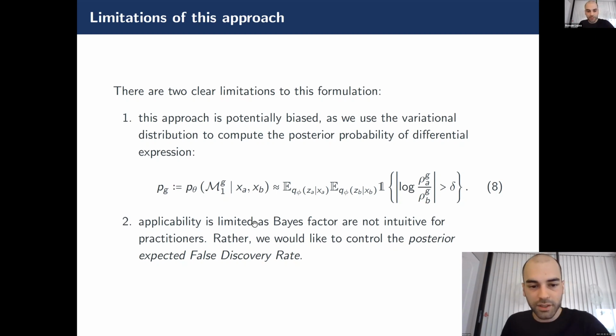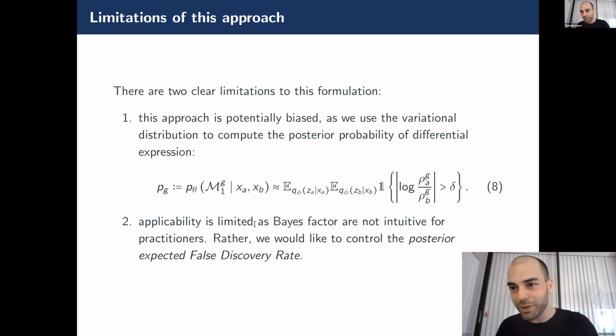And the second thing is that the applicability of this type of method is a bit limited, because a lot of people want to see control of a quantity they know. Just saying Bayes factors more than 10 is not as faithful as controlling a measure of false discovery rate. So we spent a lot of time thinking about how to control the false discovery rate when doing hypothesis testing with scVI.